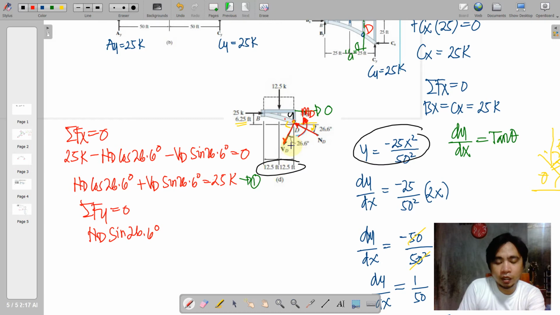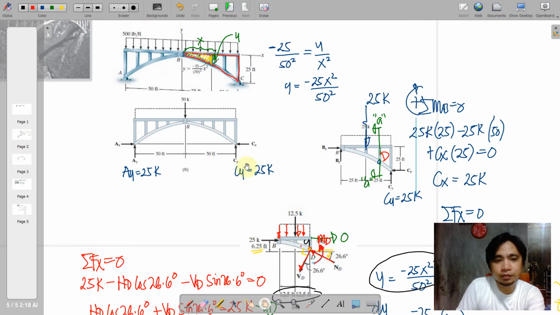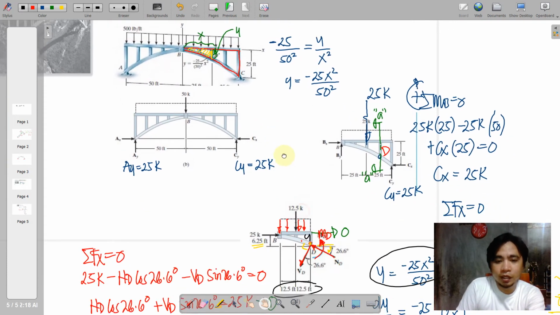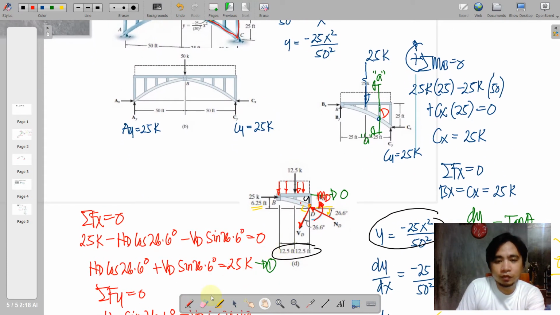And then for VD, here is going downwards with the component adjacent to the reference angle. So we're going to use cosine 26.6 degrees here as a multiplier, and then this distributed load here, okay? So the distributed load is 500 times 50.